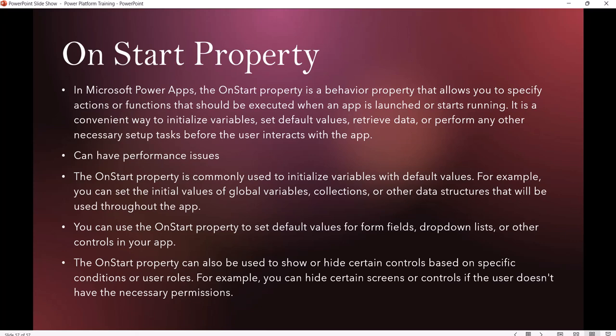You can do those on the OnStart property too, but I highly recommend that for those you use the screen Visible property. Also, let's say you want to check if the user is not an admin, then probably you want to hide some screens. You can do those things on the OnStart property.